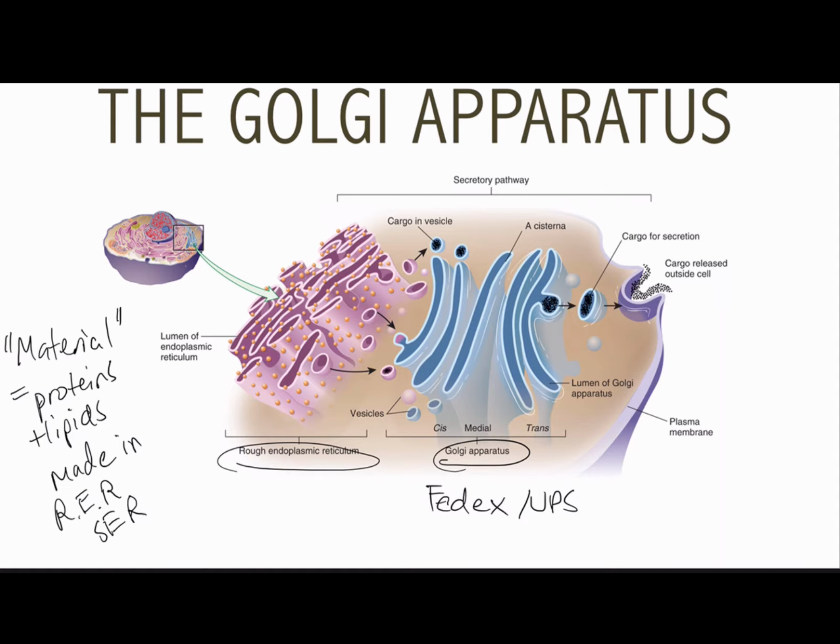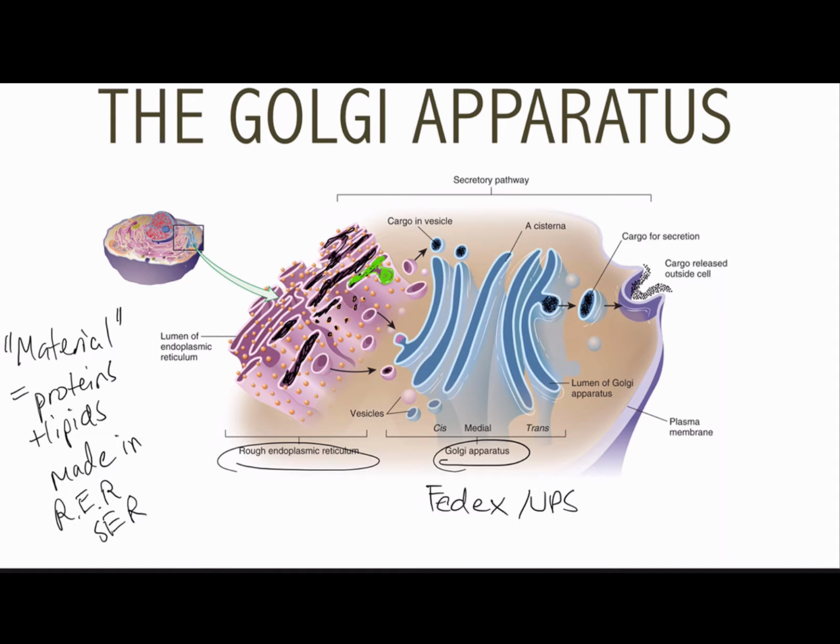So when one of these ribosomes on the surface of the rough endoplasmic reticulum translates a protein into the lumen of the endoplasmic reticulum, it's being made inside the ER lumen so that it can be sent somewhere else in the cell. So imagine that there's a protein that is translated into this piece of endoplasmic reticulum here. The way that we send it to another place in the cell is that a little piece of the membrane of the ER pinches off.